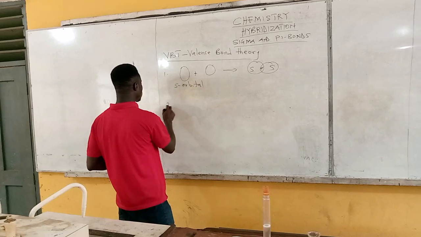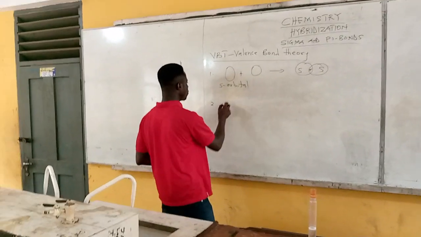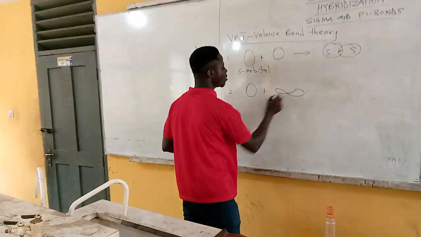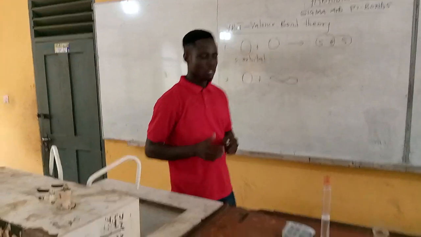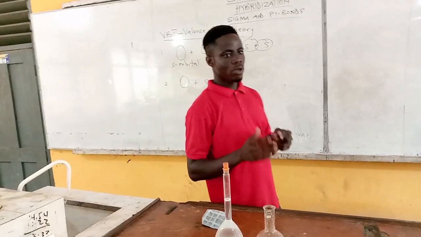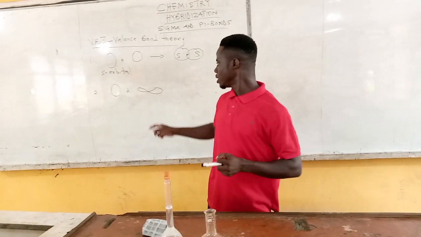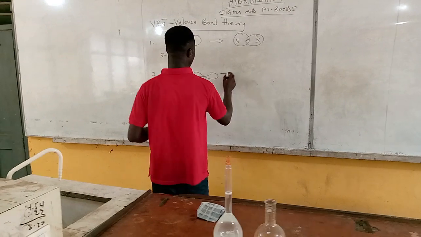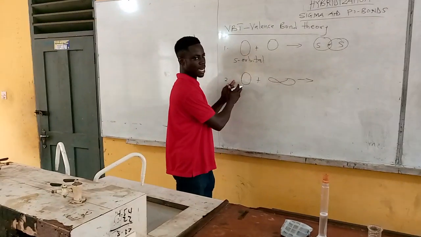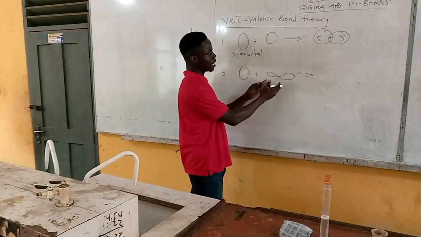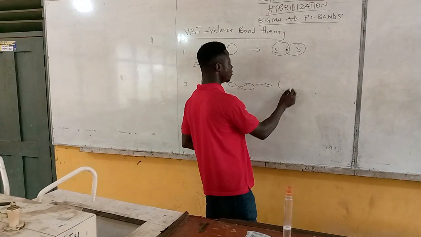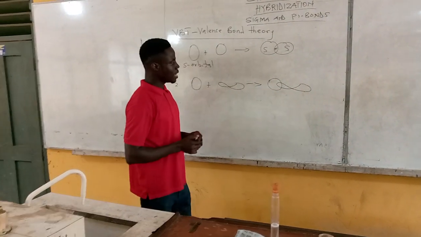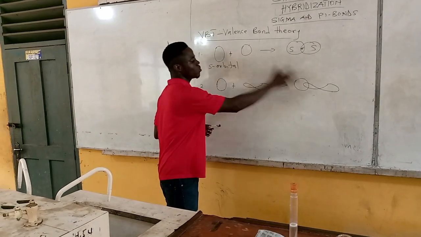Now, we can also have another formation when I have an s orbital mixing with a p orbital. We said that the p orbital is dumbbell in shape. So this is the shape of the p orbital. When you mix this s orbital with this p orbital, we form this overlap. You realize that there is another head-on overlap.